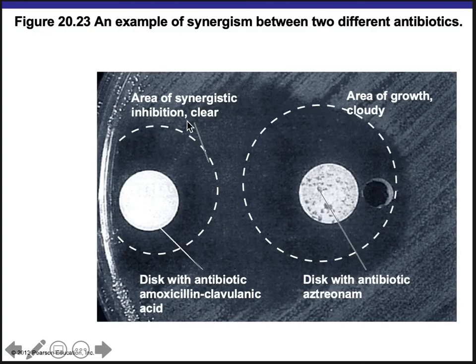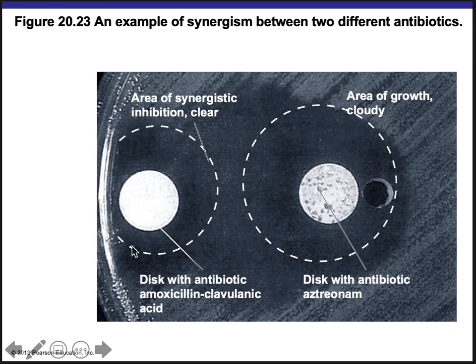And so here's an example of synergism where you can see a drug, amoxicillin, and you can see this other drug here, and they each have their zone of inhibition, right, individually. It's a little hard to see.